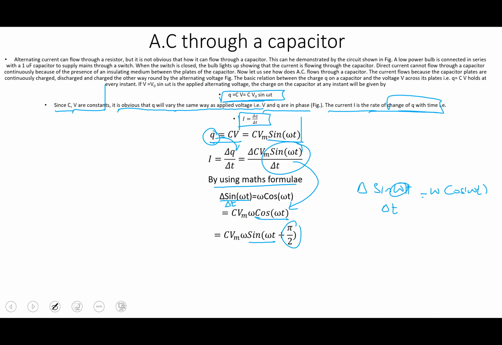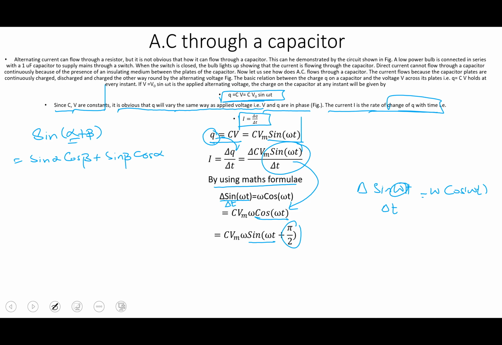How is this possible? Let's put it in and check whether our value is correct or not. We are using this formula, sine alpha plus beta. Now in this case, I'm going to apply the formula of sine alpha plus beta, which is equal to sine alpha cos beta plus sine beta cos alpha.